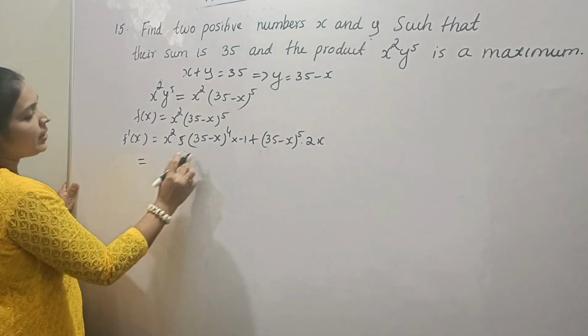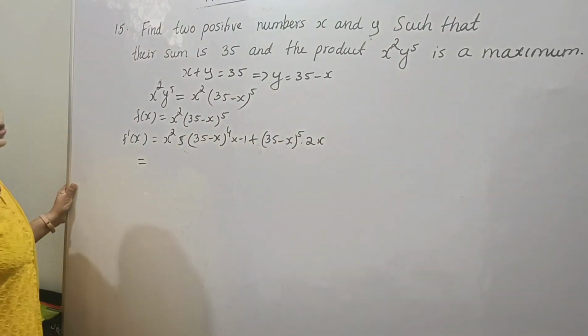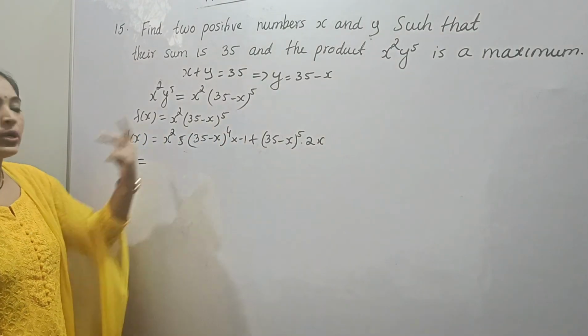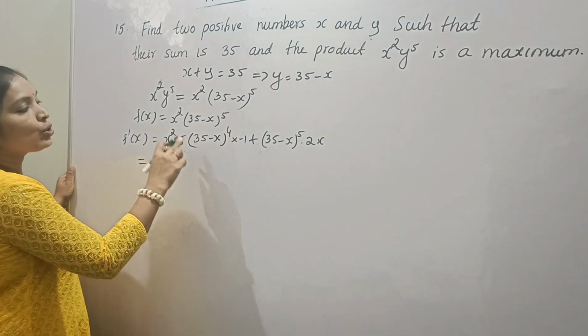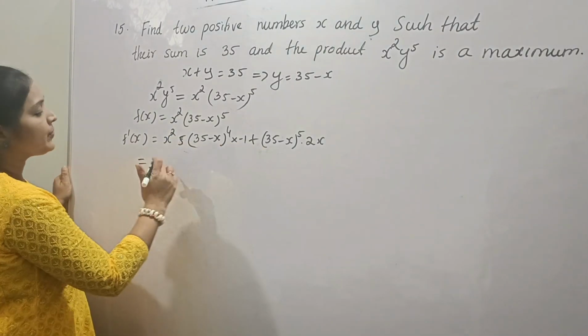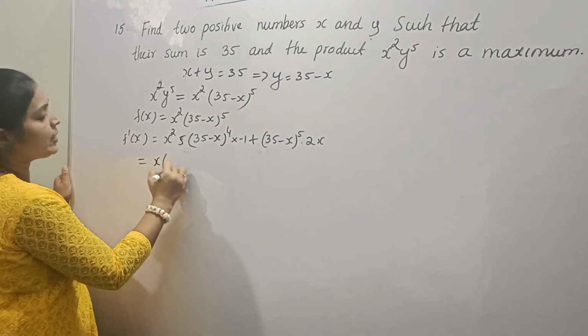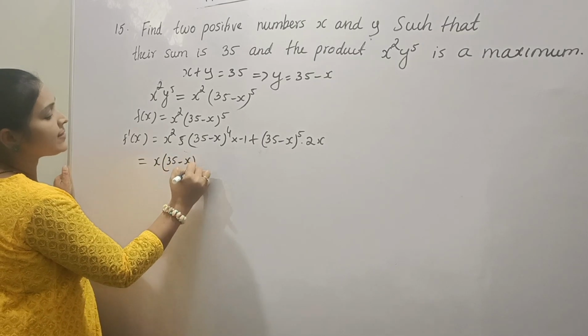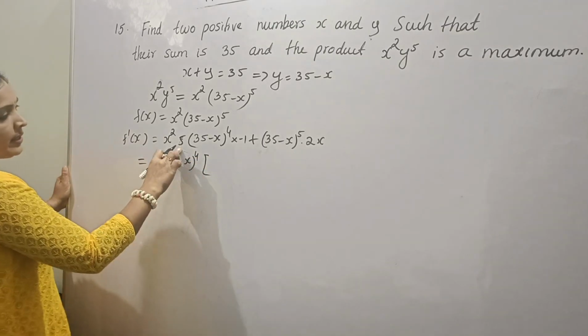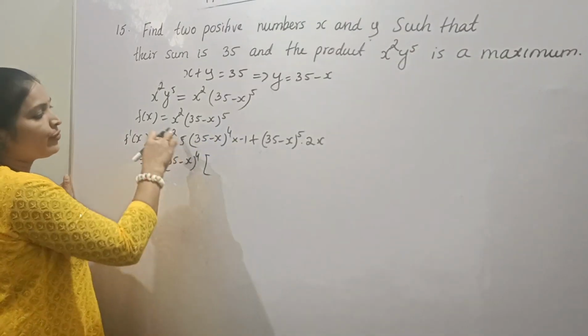That is equal to, here 35 minus x whole raised to 4 is common in both terms. So let's take it out. X into 35 minus x is also common, right? So we will take x into 35 minus x whole raised to 4 into, here remaining minus 5x.